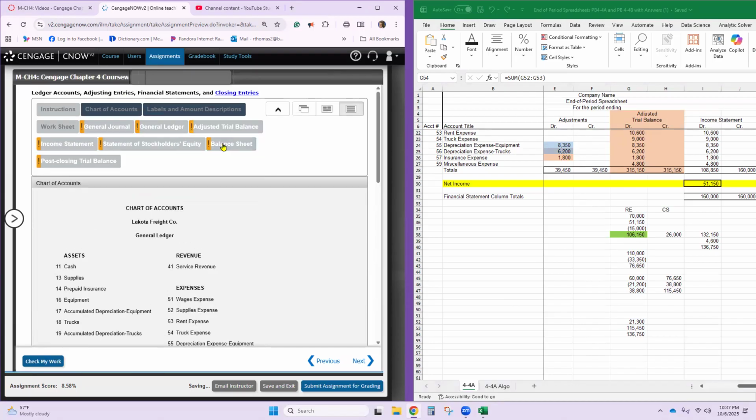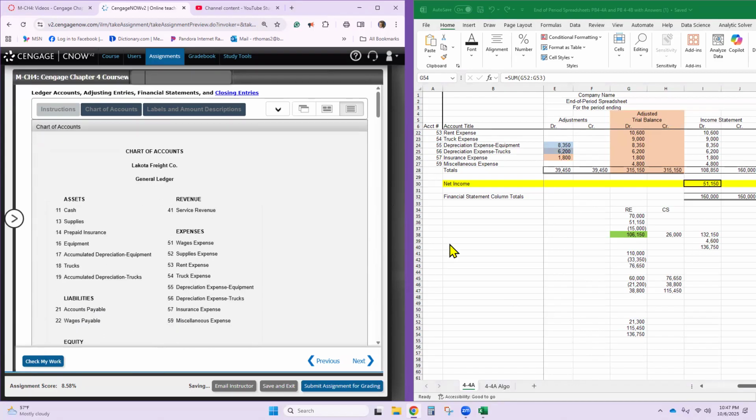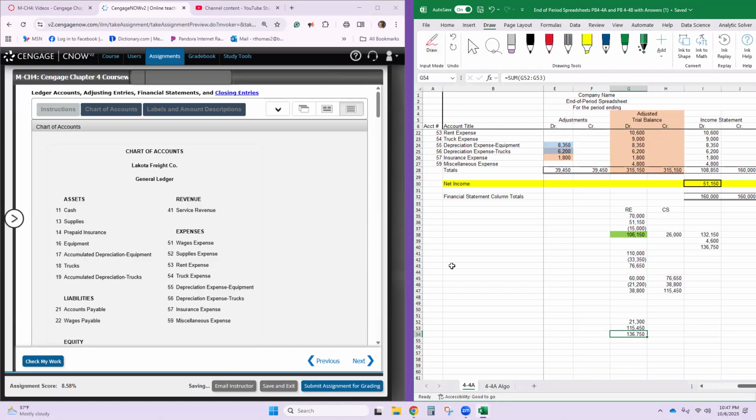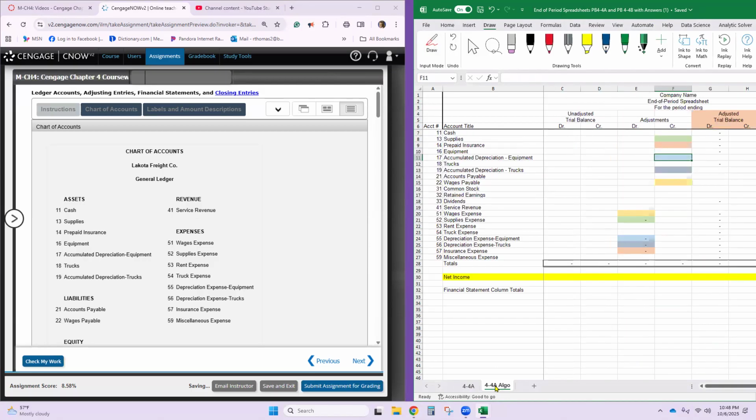Now we need to return to the general journal and the general ledger. Now it's time to close. If you want to use this spreadsheet for your other 4A, you could put it down here, 4-4A algo. You'll have to put in the unadjusted trial balance, and then you'll have to put in all of these, but you don't need to put in anything here because it's got formulas there.